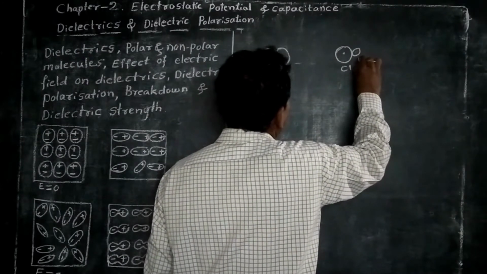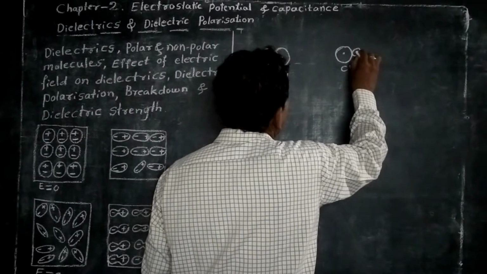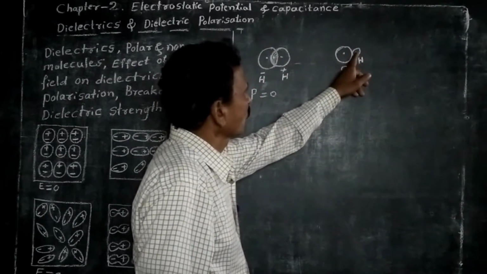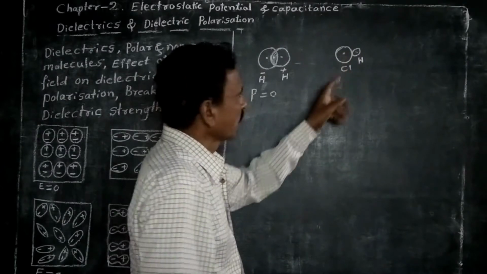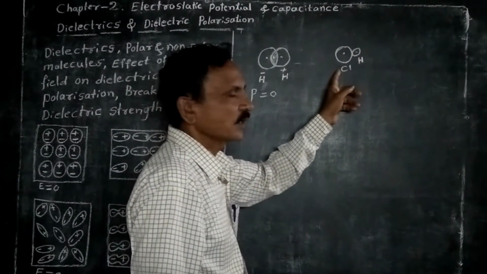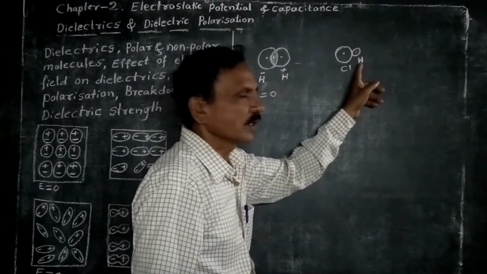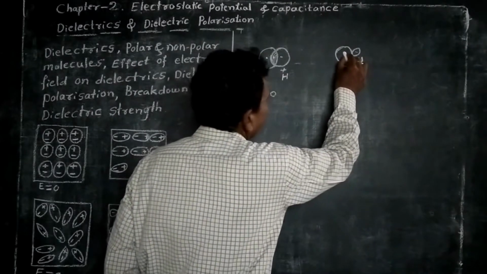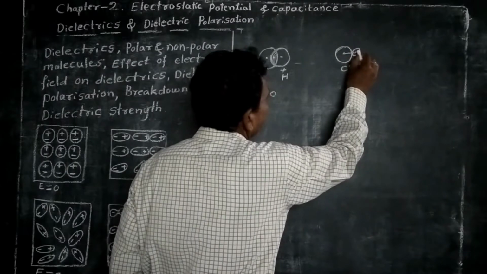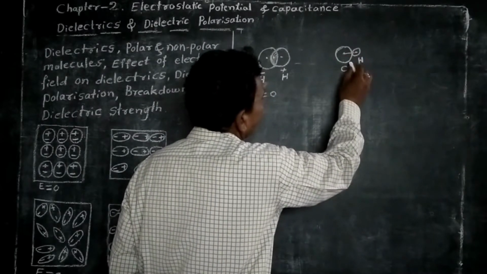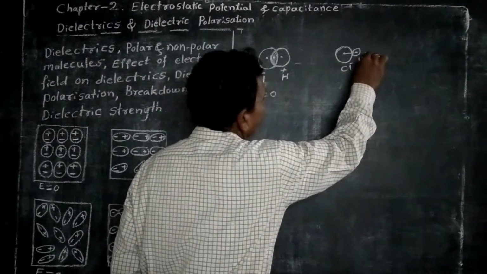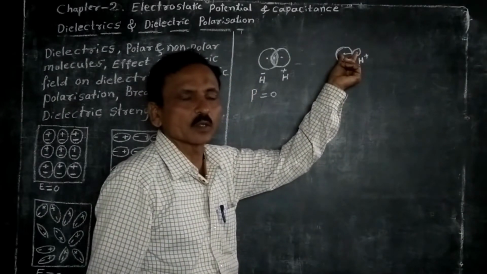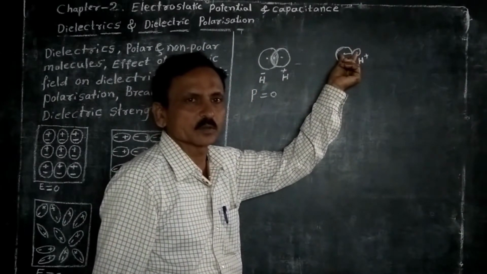Here hydrogen donates one electron to the chlorine, hence chlorine becomes Cl negative and H positive, and there is a distance between negative and positive charges, and such molecules are called polar molecules.